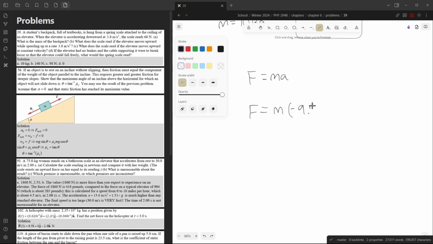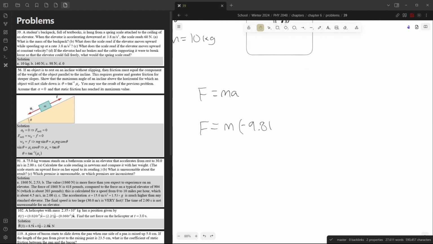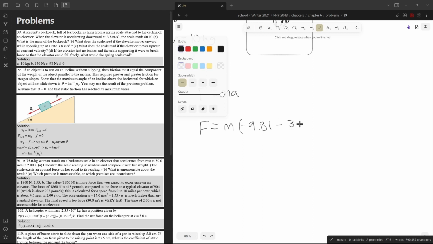So negative 9.81. So what sign are we going to use to increase the magnitude? Well, if this is positive, we want to subtract. So subtract 3.8 meters per second. We don't need the units. I did that last time as well. Okay.